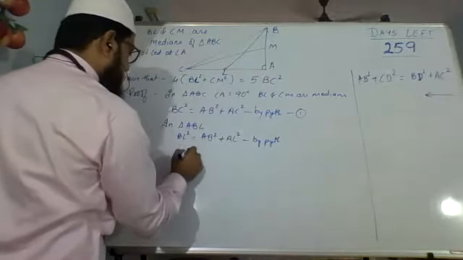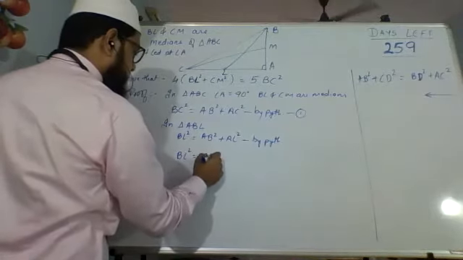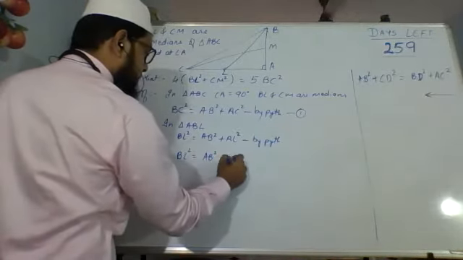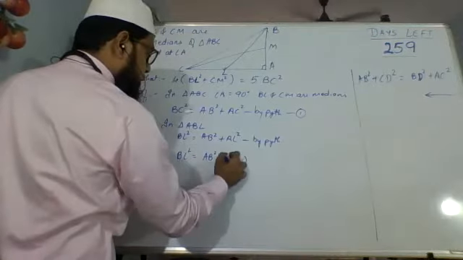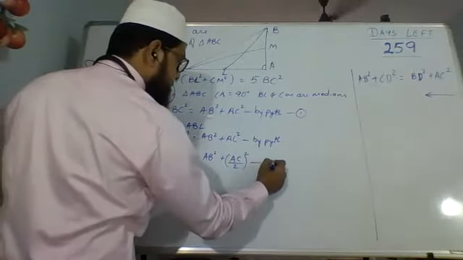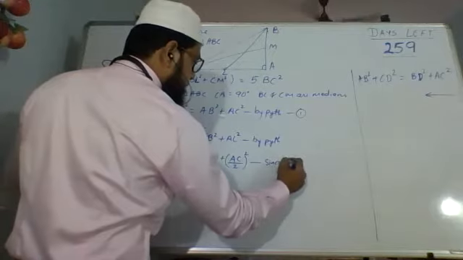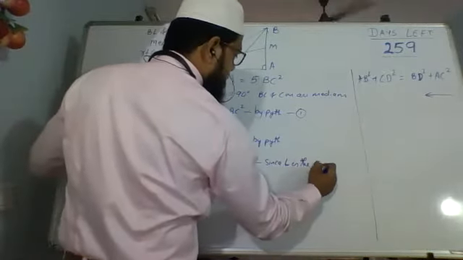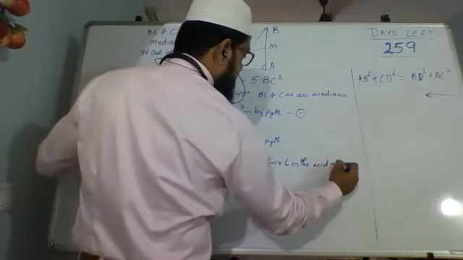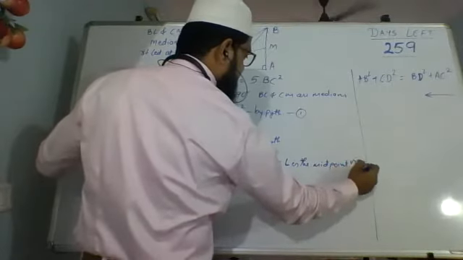So BL square equals AB square plus AC upon 2 the whole square, since L is the midpoint of AC.